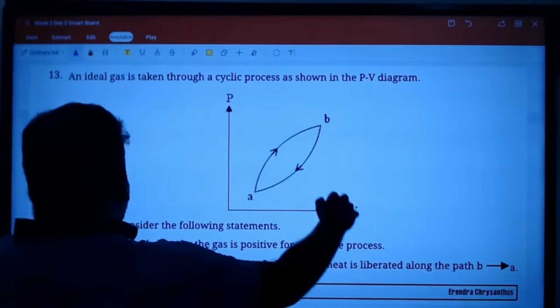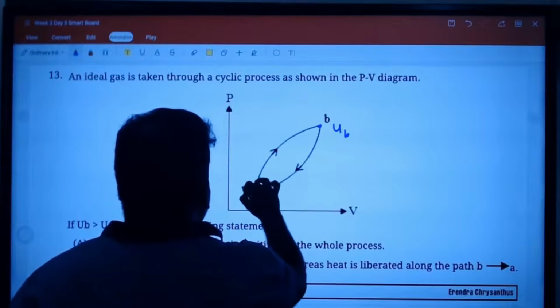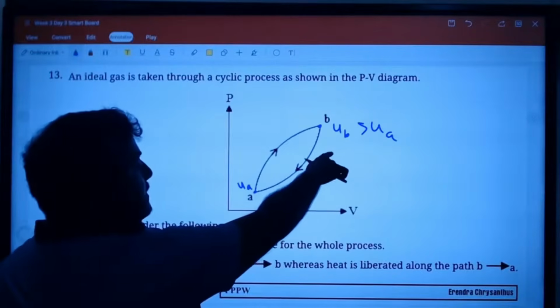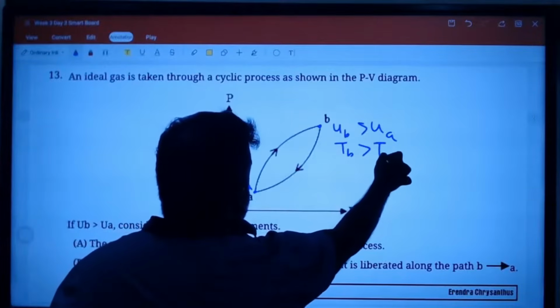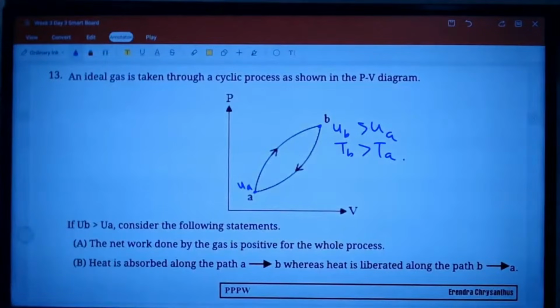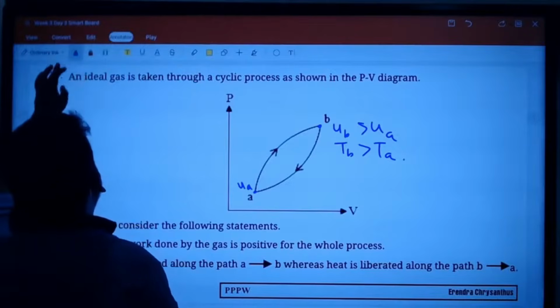If UB is larger than UA, this is thermodynamics. Remember, internal energy depends on your temperature, so temperature B is larger than temperature A. Simple. The net work done by the gas is positive for the whole process. Look at the word carefully.